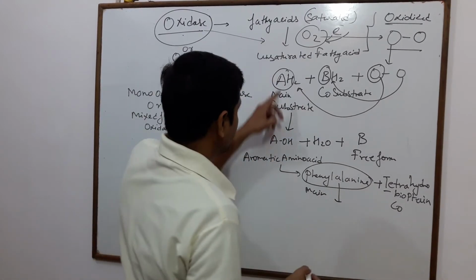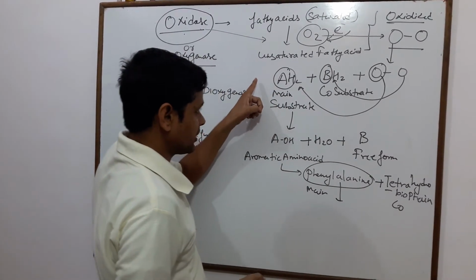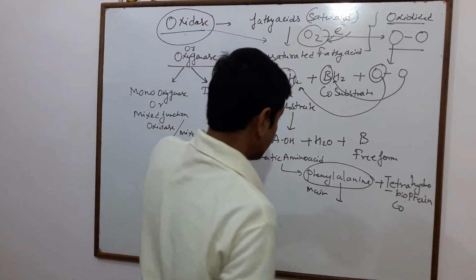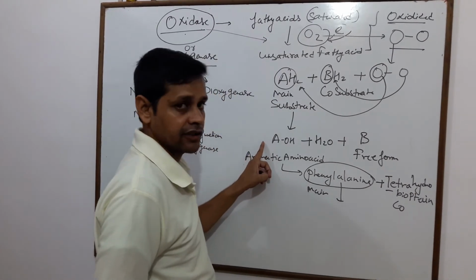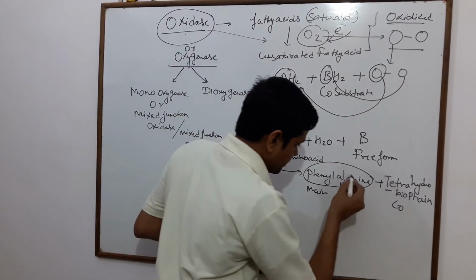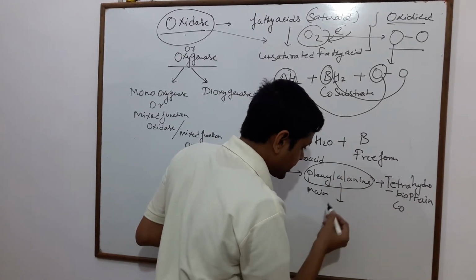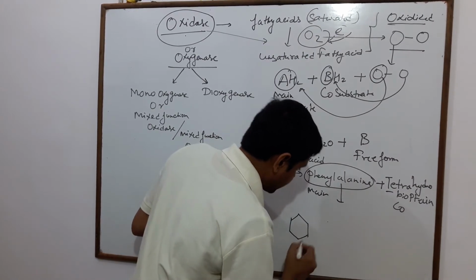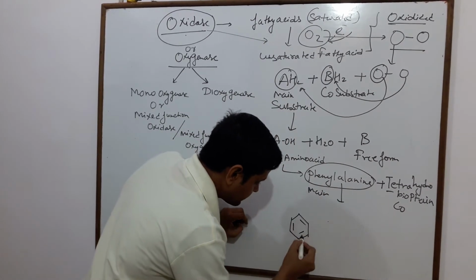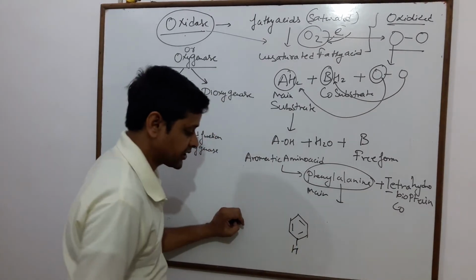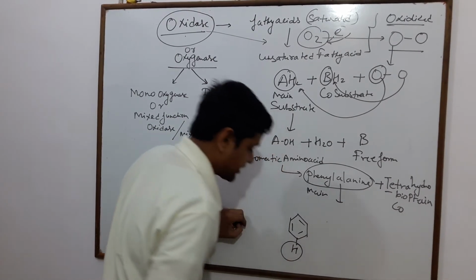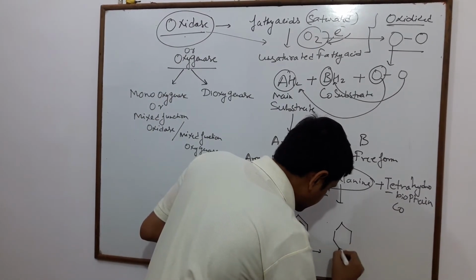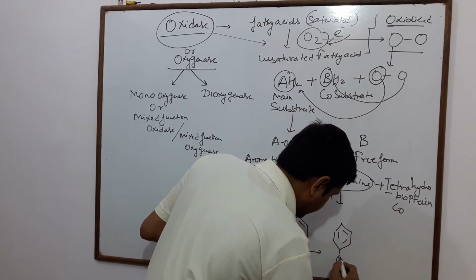If we compare this reaction to the previous one, the product generated is a hydroxylated product. Phenylalanine has a phenyl ring where H is attached, and this attached hydrogen is converted into a hydroxylated product.